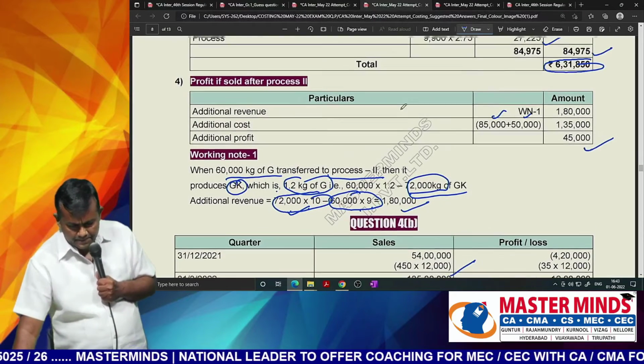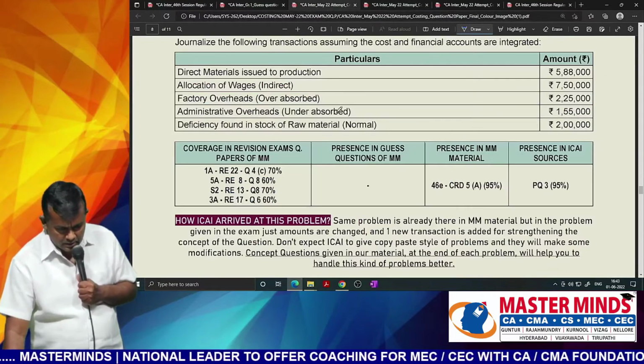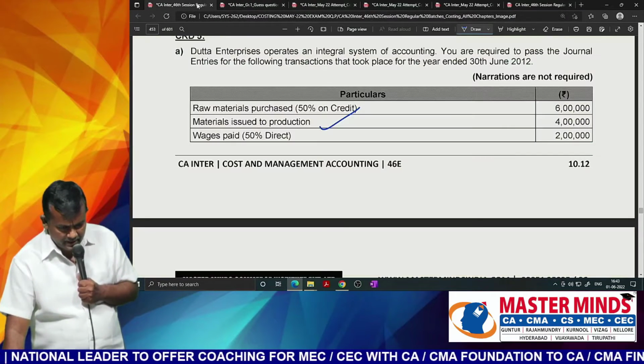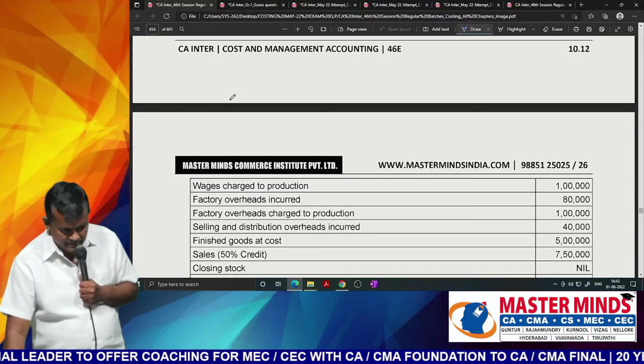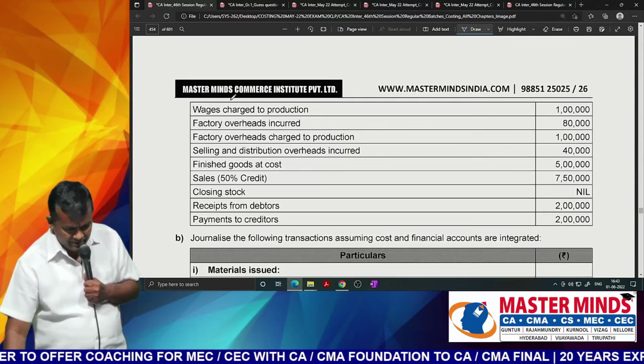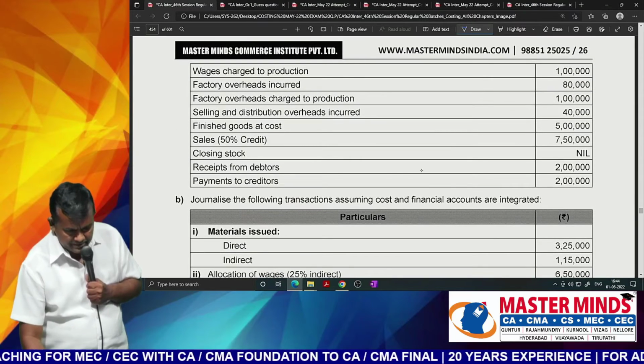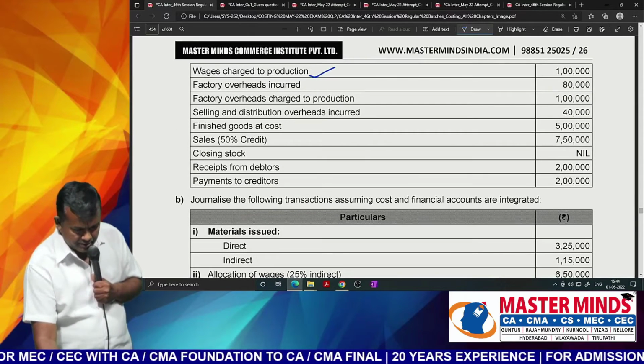Next, allocation of wages. So there is a wages charge to production. Allocation is charged.